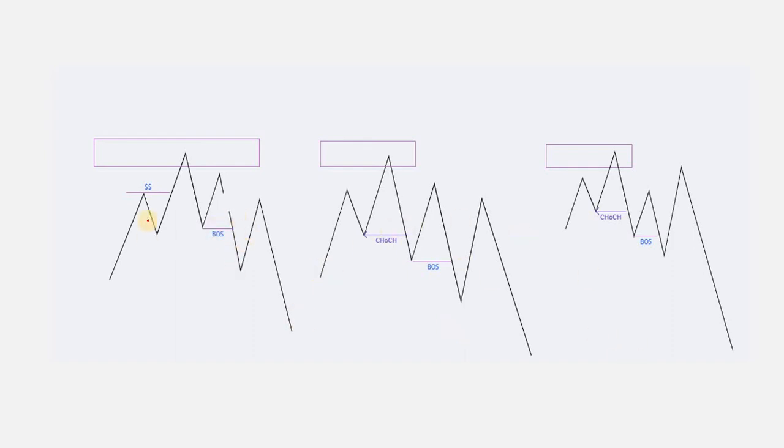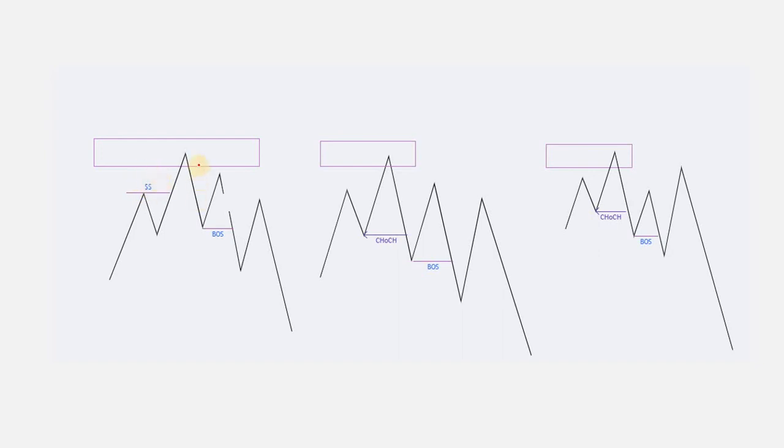Already we've seen this. This is the point of interest. Price traded into the point of interest, cleared this liquidity, and traded downwards. If the price ended up trading lower than this liquidity, we suspect that there's a liquidity grab here.